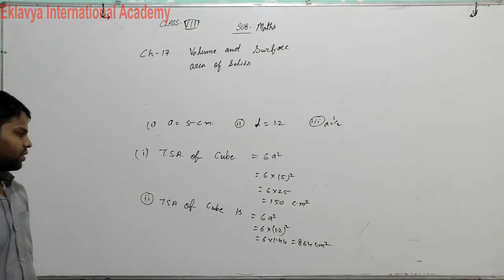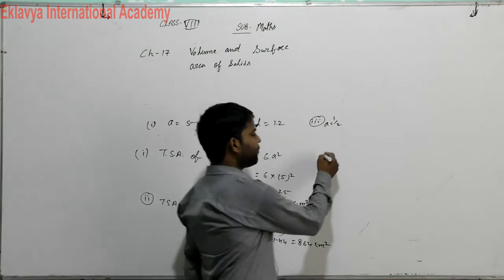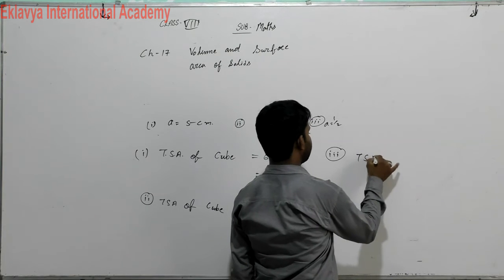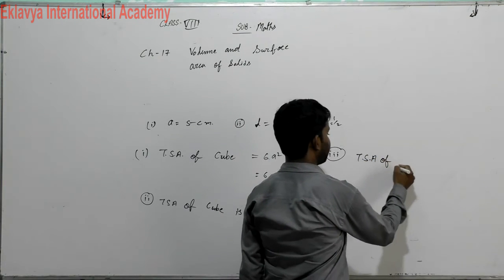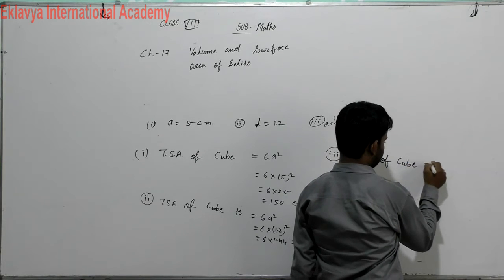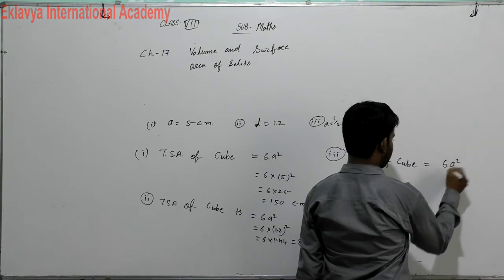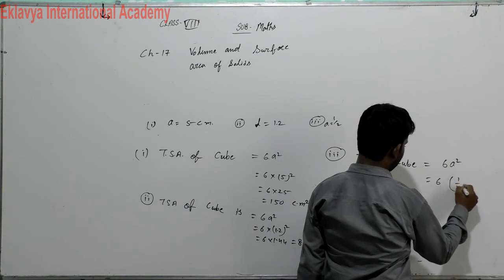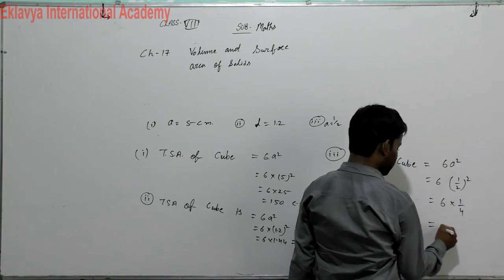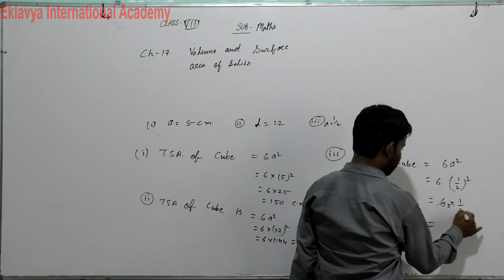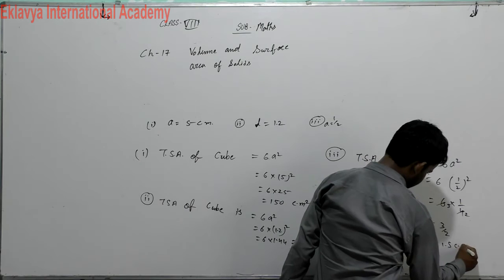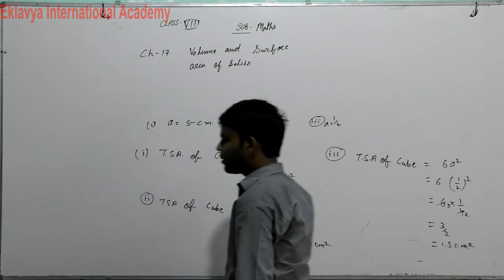Understand? If we want to find the third part, then TSA of cube is 6a square, 6 bracket 1 upon 2 whole square, 6 multiplied by 1 upon 4, 3 twos are 2, 2 twos, then 3 upon 2, 1.5 centimeter square.